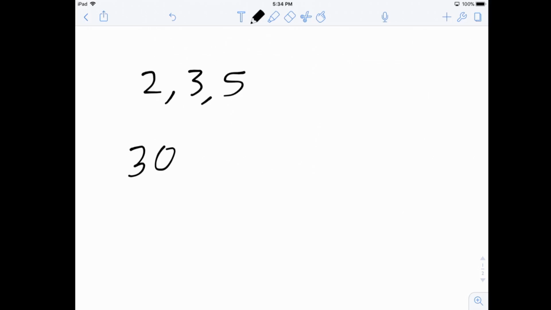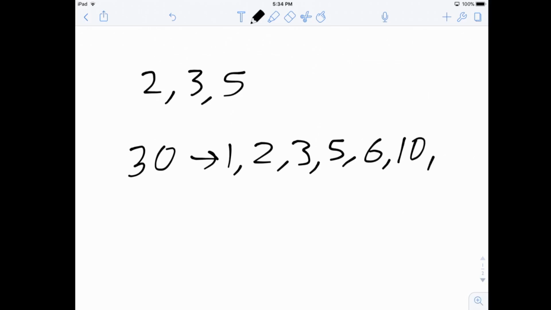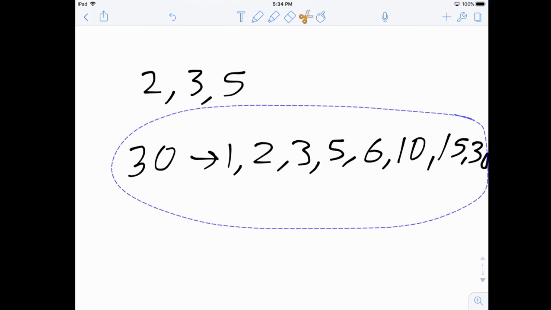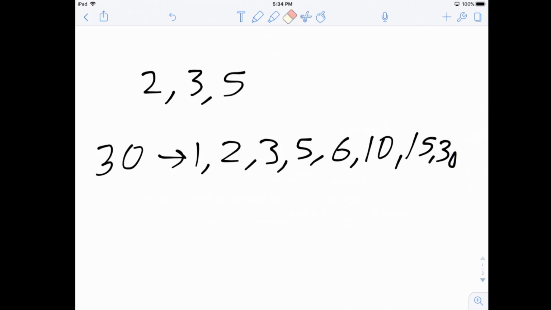Well, 30's divisors are 1, 2, 3, 5, 6, 10, 15, and 30. Let's just shift this over so it's not so crammed into the end. So how many divisors is this? Well, this is 1, 2, 3, 4, 5, 6, 7, 8 divisors.